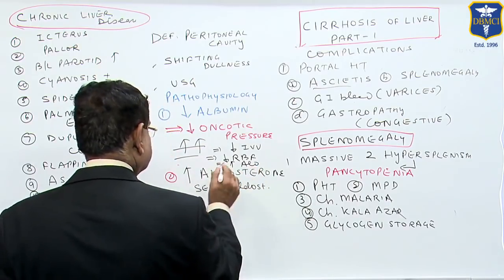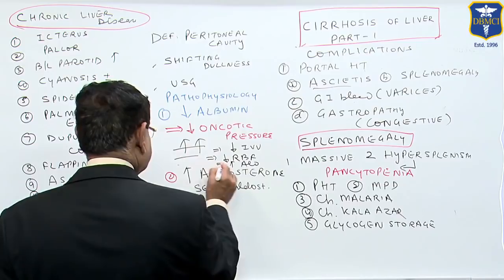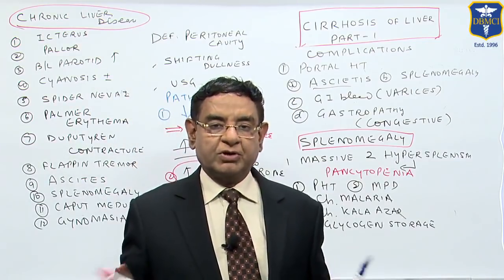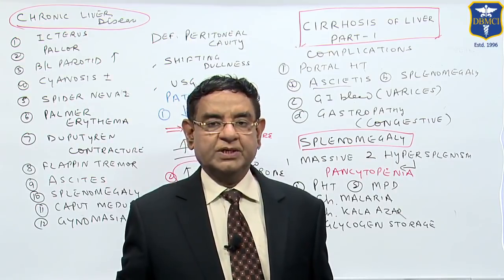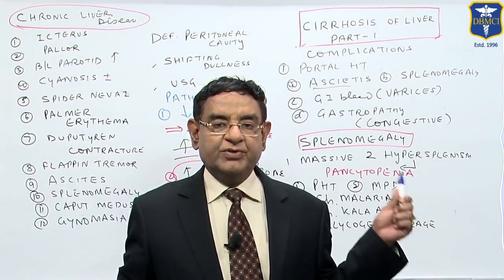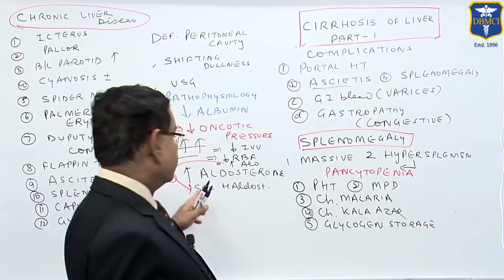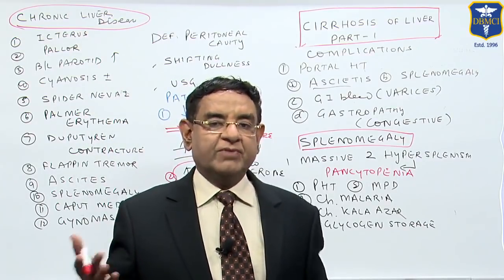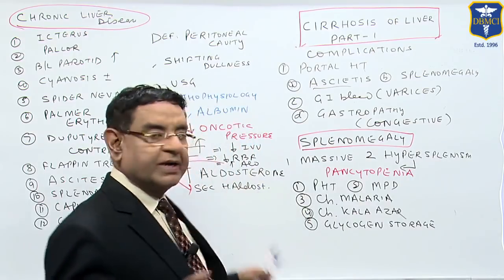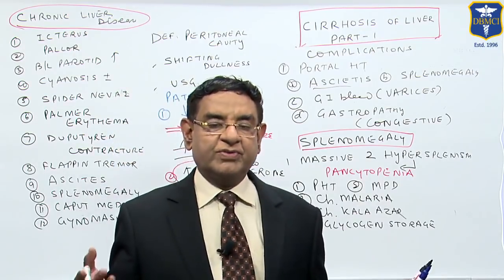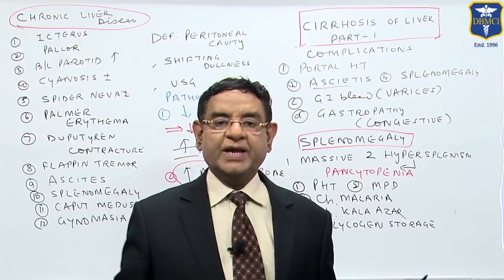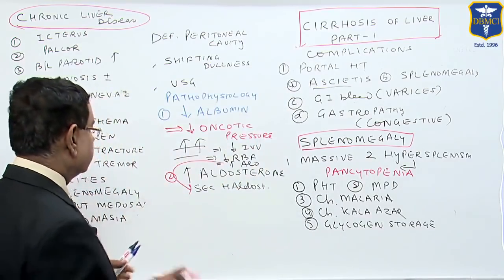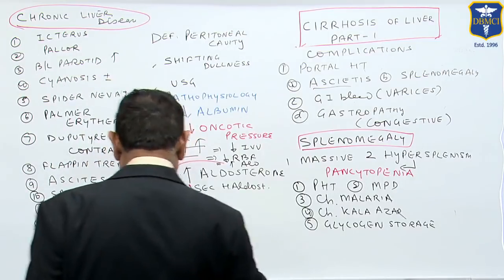So this is another reason why secondary hyperaldosteronism occurs. So that's why if you want the body to lose the fluid, the best diuretic will always be an aldosterone antagonist. Now your concepts are very clear why we will use spironolactone in this case for the treatment of ascites.